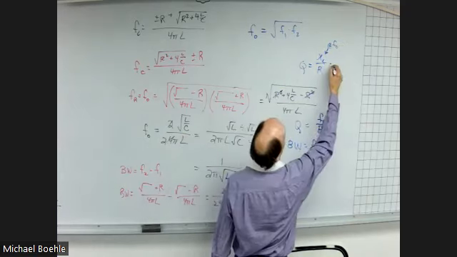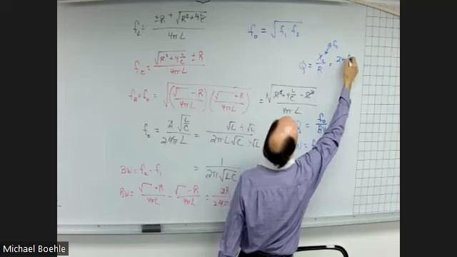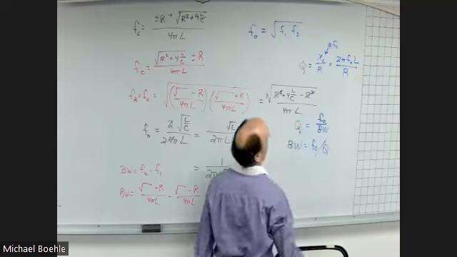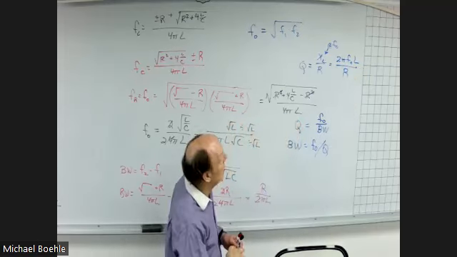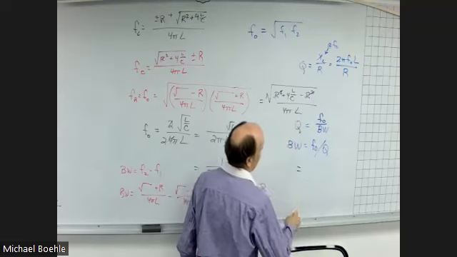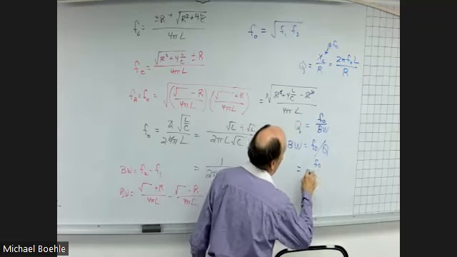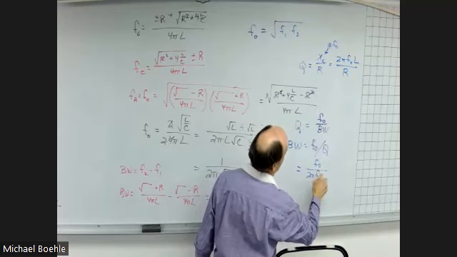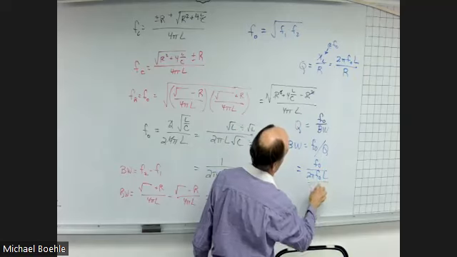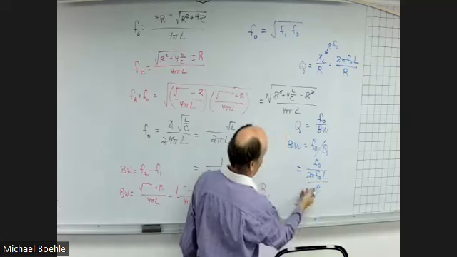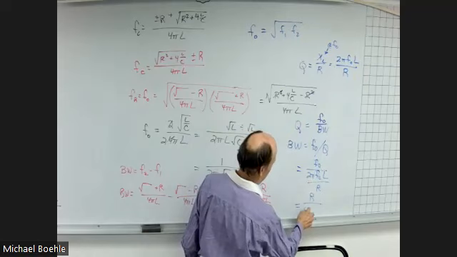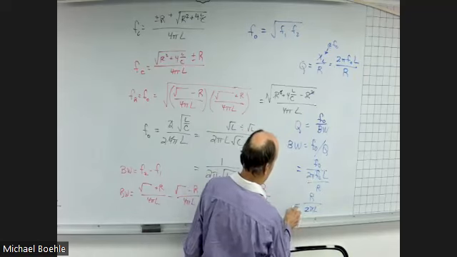So that would be 2 pi resonant frequency times inductance divided by R. So now, I take the bandwidth, the resonant frequency divided by Q, which is 2 pi resonant frequency L divided by R, which becomes, when I flip that, R. Oh, resonant frequency cancels, so it's just R divided by 2 pi L.